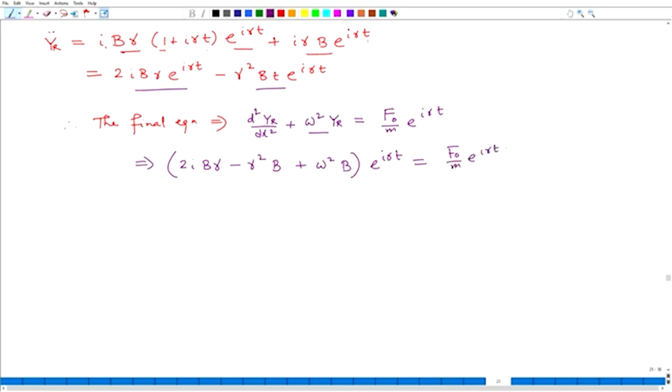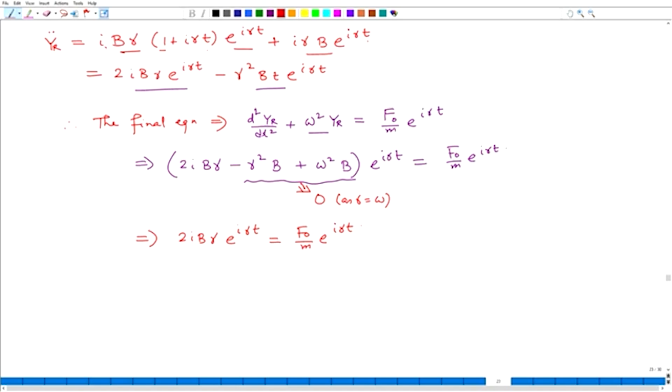I use the fact that we are considering resonance, so this will go away as gamma is equal to omega, and we have a very simplified formula: 2I b gamma e to the I gamma t is equal to f0 by m e to the I gamma t.